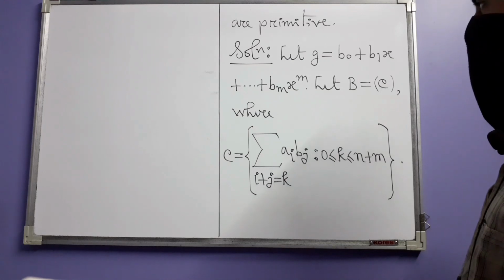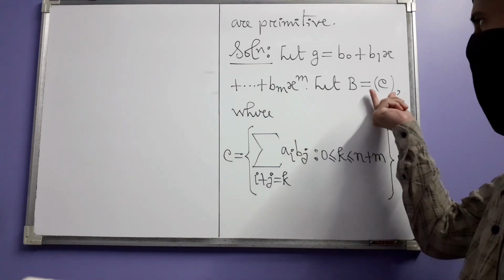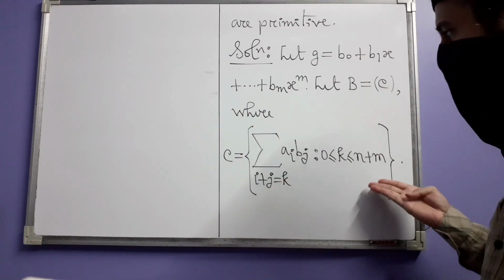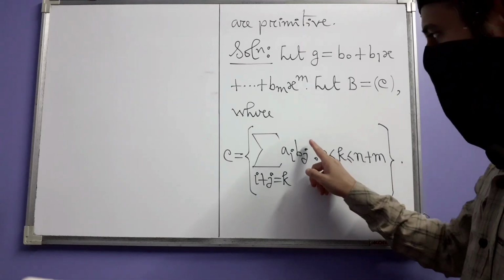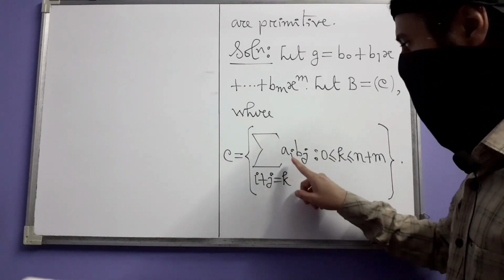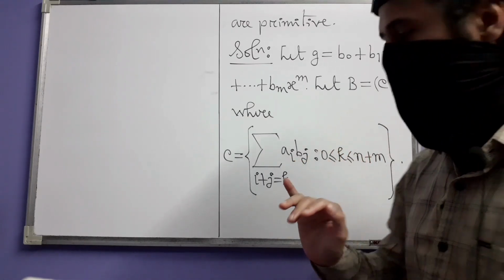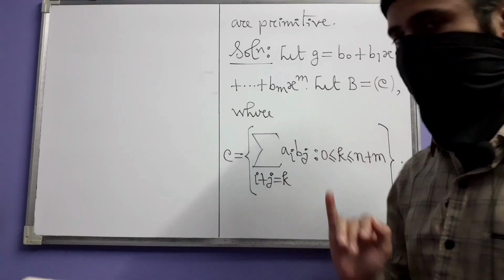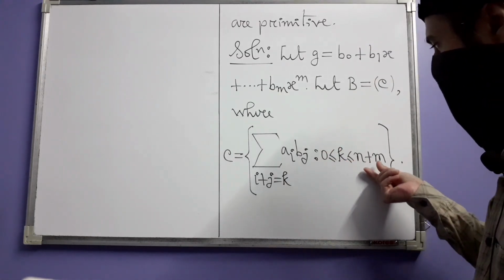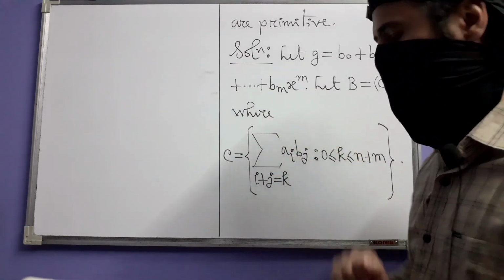And then we consider B, which is the ideal generated by a set C. The elements in C look like this. They are sums of products ai bj, where i plus j is equal to k. Once you choose this k from the range between 0 and n plus m, then you get one sum.